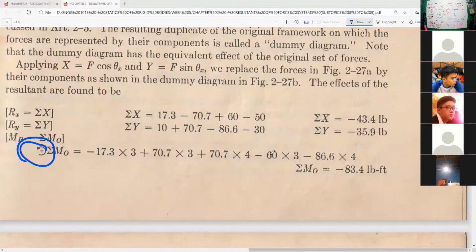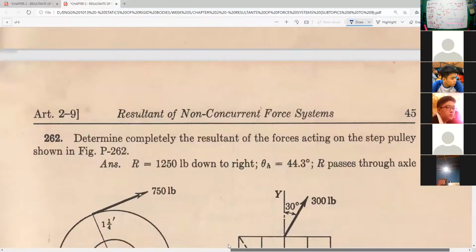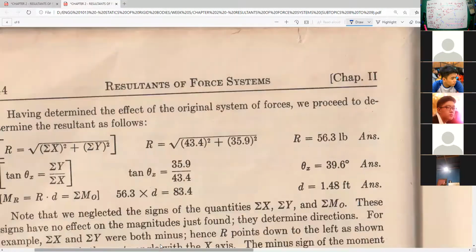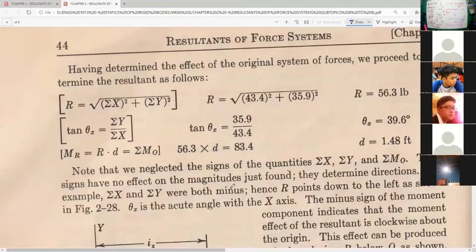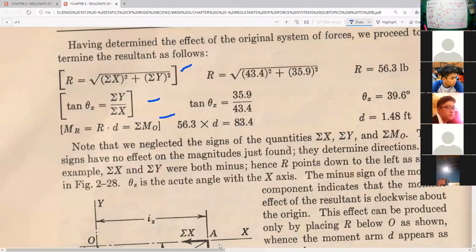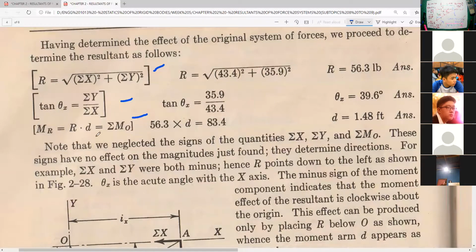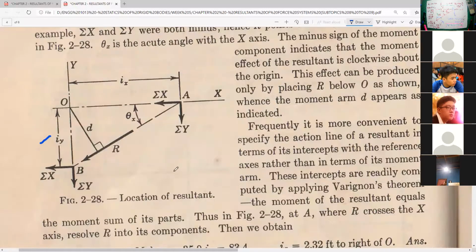You can see that they are the same. That's it. Location of resultant.